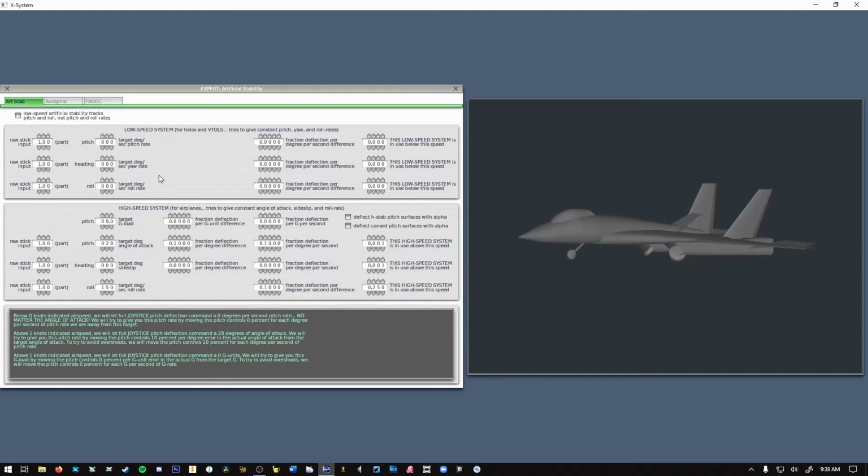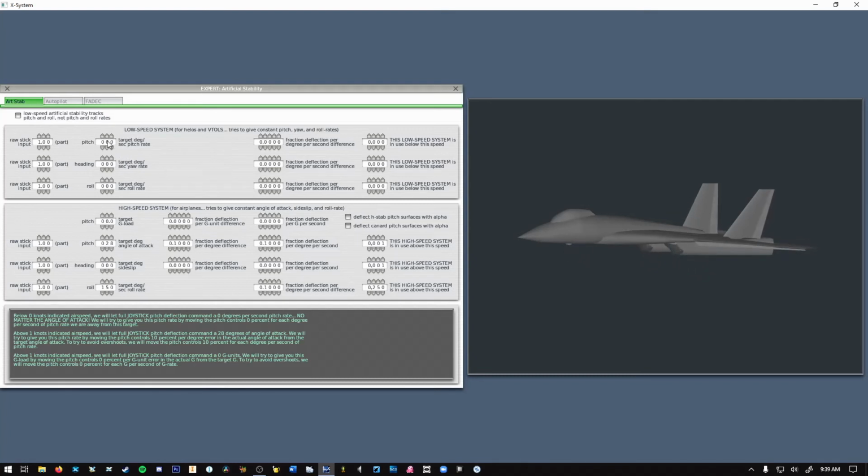So now that brings us to the low speed systems. This is maybe useful if you want your aircraft to have different handling properties when you're at like landing speed and landing configuration. So if you want finer control over your pitch, heading, roll, and all that when you're on approaches, I would recommend setting up one of these.